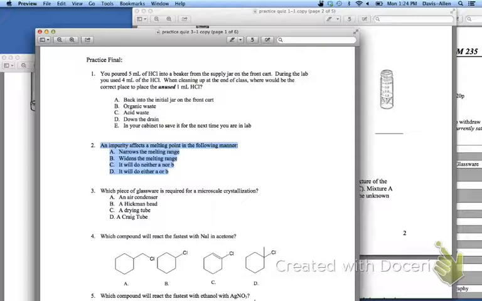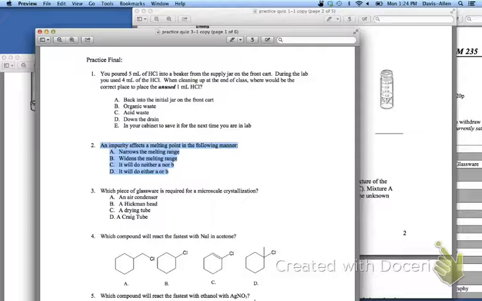You might see multiple choice like this as well. It depends on how much of a direct answer I think it is versus an explanation. In this case, I personally wouldn't ask this as a multiple choice because I think it's an explanation. An impurity affects the melting point. How? What does the impurity do to your melting point?